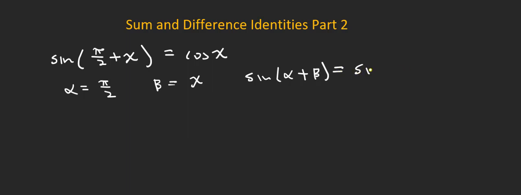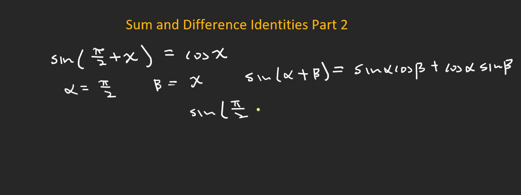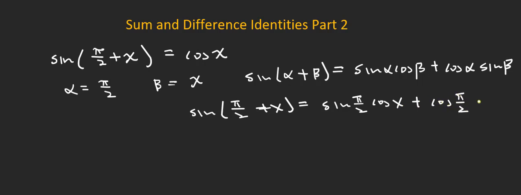Well, that's going to be sine of alpha cosine of beta plus cosine of alpha and sine of beta. So sine of quantity pi over 2 plus x is the same thing as sine of pi over 2 cosine of x plus cosine of pi over 2 and sine of x.